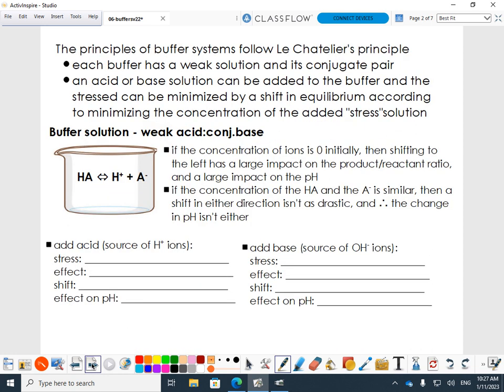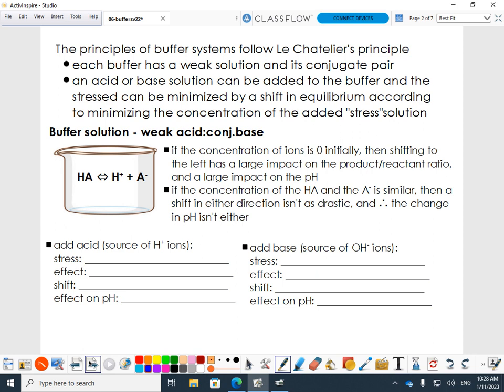The principles of buffer systems follow Le Chatelier's principle, and each buffer has to be a weak substance. You're going to see the same solutions as yesterday, COOH for an acid, NH for a base. Hopefully by the end of the unit you're used to that notation.